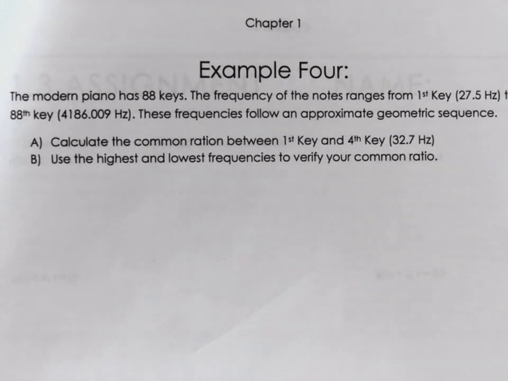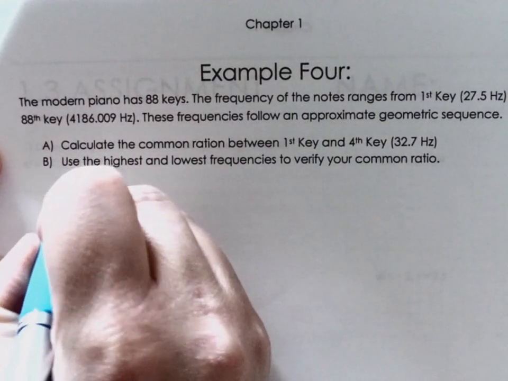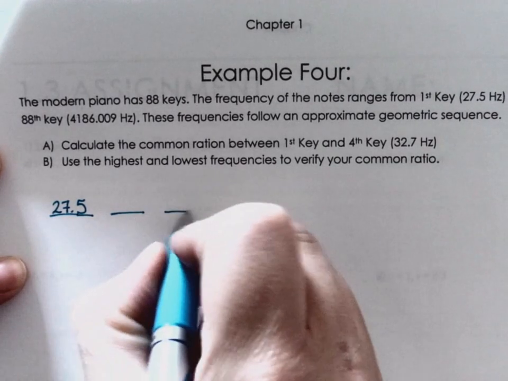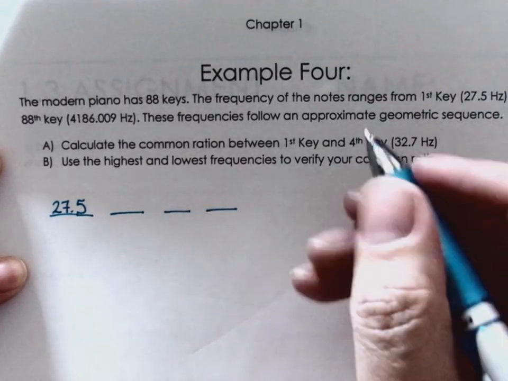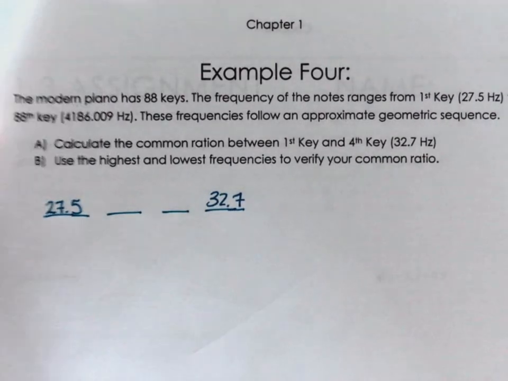Calculate the common ratio between the first and the fourth key. How do we find the common ratio? So you guys know first key is 27.5. We know the fourth key is 32.7.